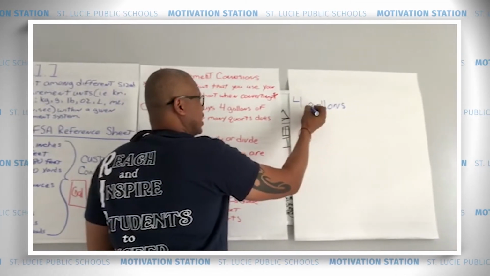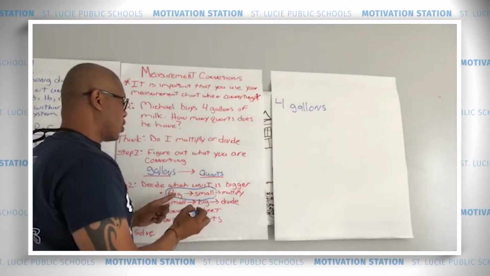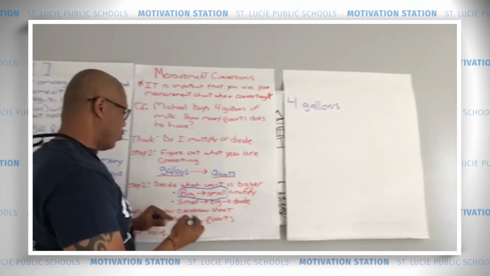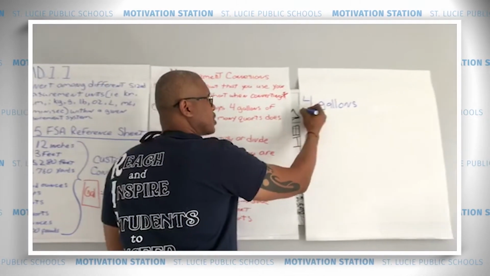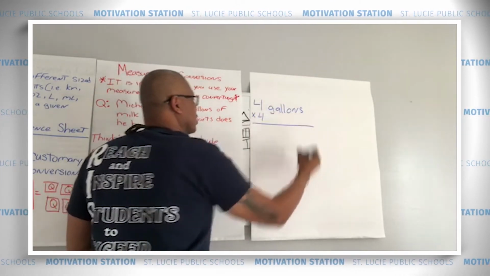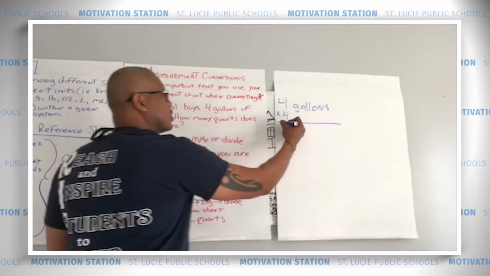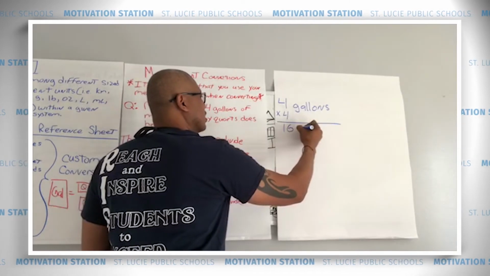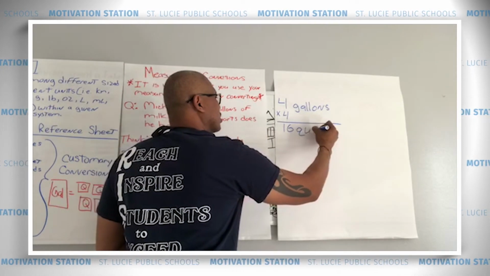So 4 gallons he bought, and 1 gallon equals 4 quarts, so I'm just going to multiply that times 4. 4 times 4 equals 16 quarts.